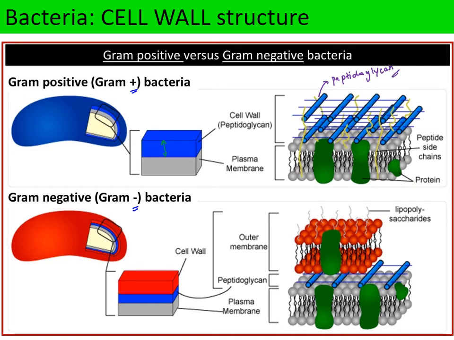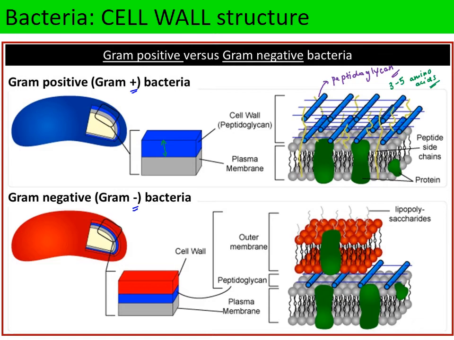Rather than being cross-linked by hydrogen bonds that we've seen previously in cellulose and chitin, they're cross-linked by short peptides, between 3 to 5 amino acids in length. These short peptides cross-link the long straight polysaccharide chains, and collectively this forms peptidoglycan. So they act like a glue to allow construction of the cell wall.